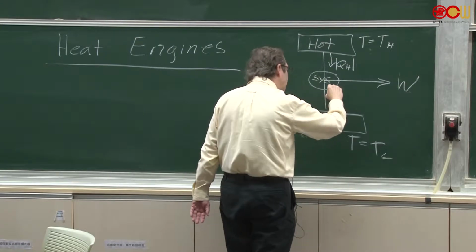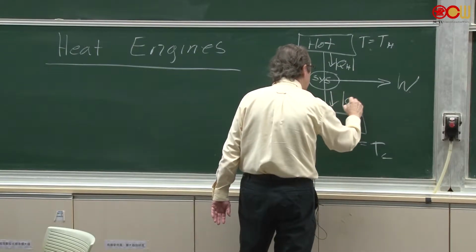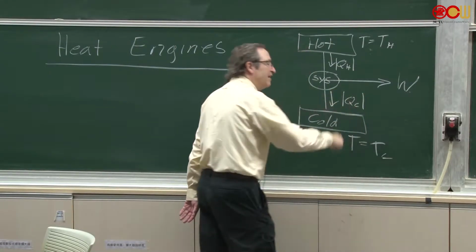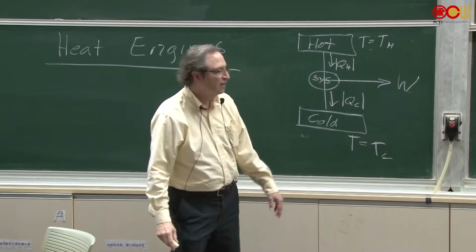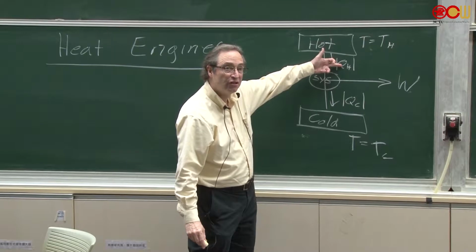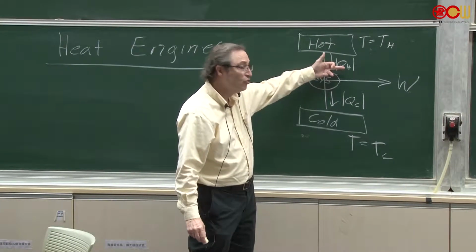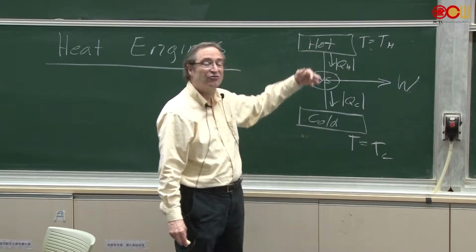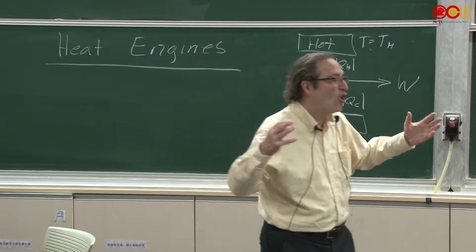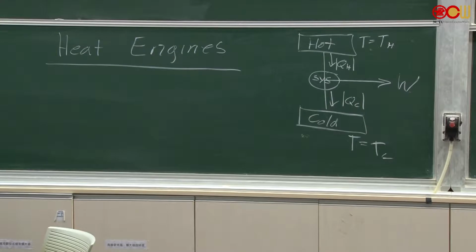And then there's energy, QC, leaving the system, and some work being done. So you have QH, this energy that's taken out of the hot reservoir. That's why you have coal or nuclear reactors or whatever you have, you're heating up your system.